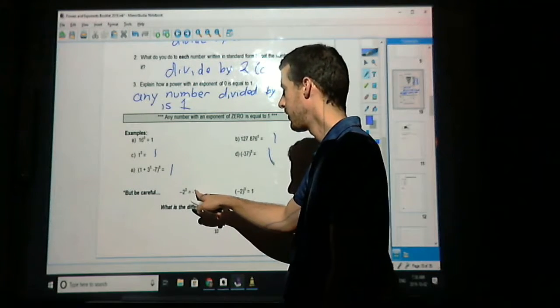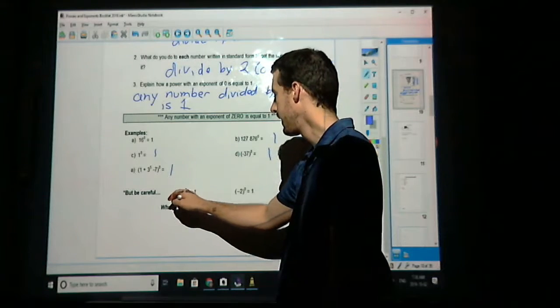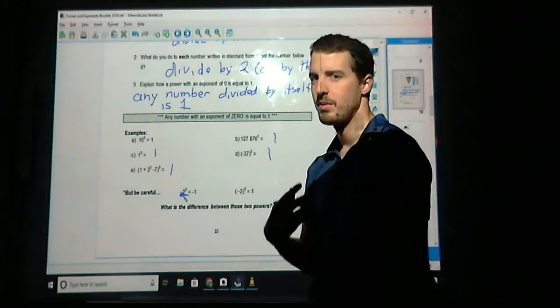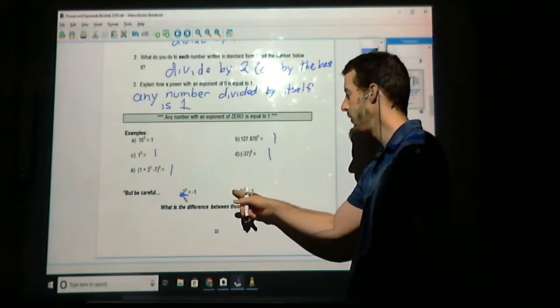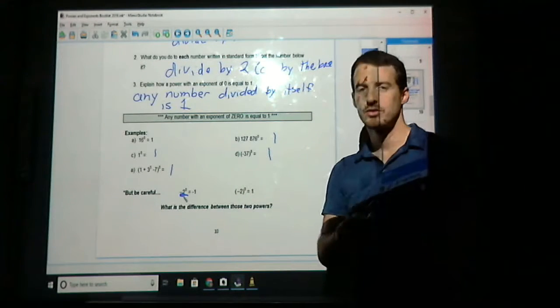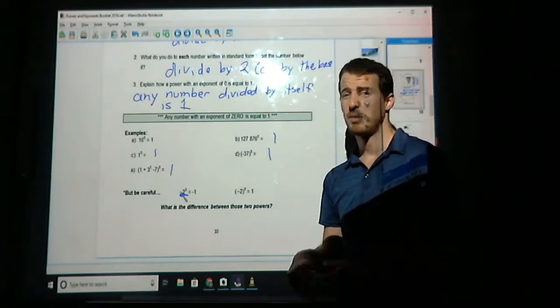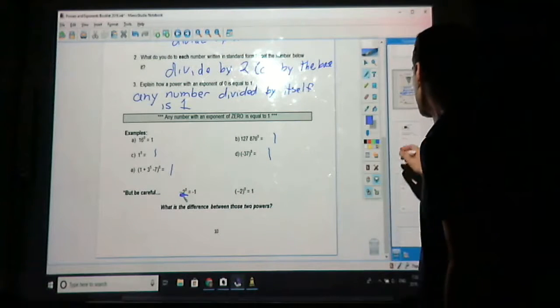So 2 to the power of 0 is 1, but we still have that negative to keep track of. So make sure you're paying attention. What is your full base? Is the negative included or excluded? Right here we have negative 2 in a bracket, so the power of 0 applies to everything. So it'll just be 1, because even negative 2 divided by negative 2, we have an even number of negatives, positive answer. So that's the difference between those two.